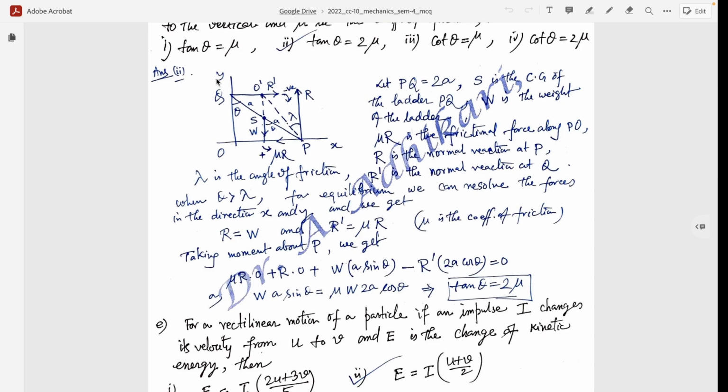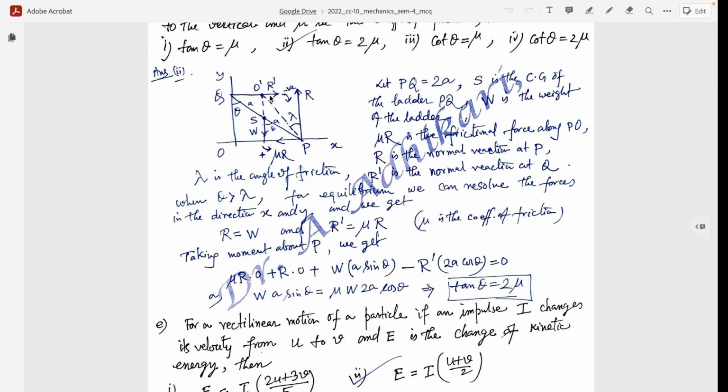Obviously, this ladder is in limiting equilibrium. So this normal direction R, and this is the weight of the ladder W which acts downwards from the point S, the center of gravity of the ladder. So this W downward and the normal direction upward are both equal.